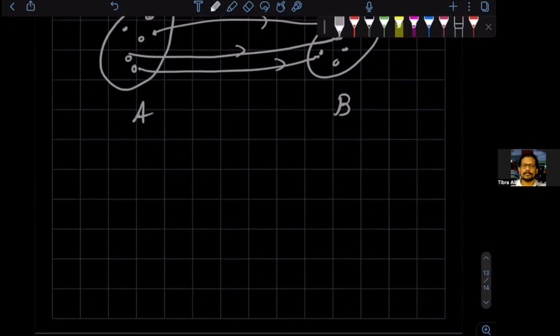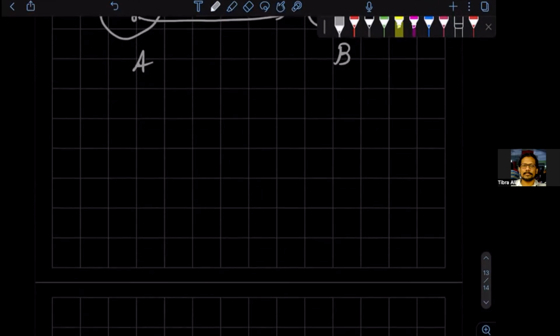Okay, can someone give me an example of a function which is not one-to-one or not onto? Sin x is not one-to-one. What is the domain and the range?